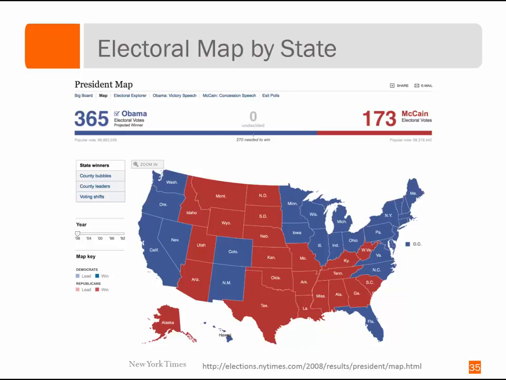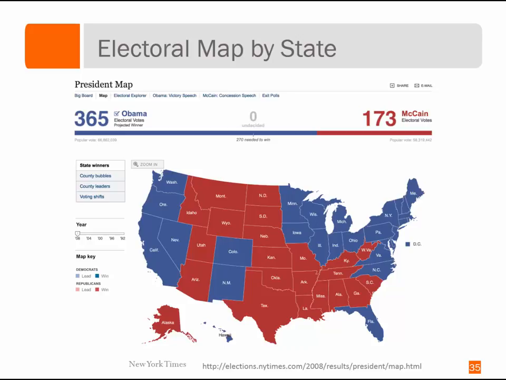So take a look at this particular map. This is the map of the presidential election between Barack Obama and John McCain. Take a look at the encoding and tell me what you think it looks like.